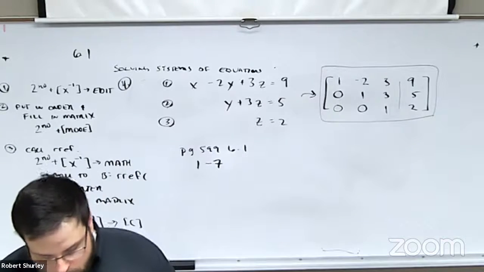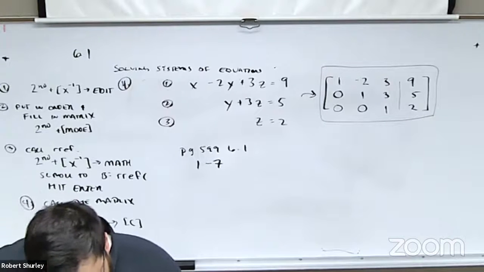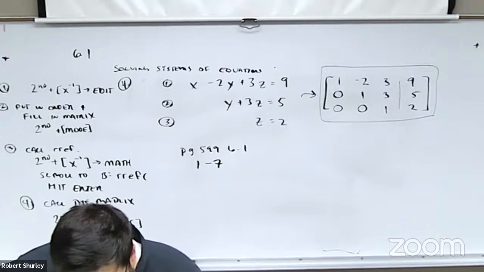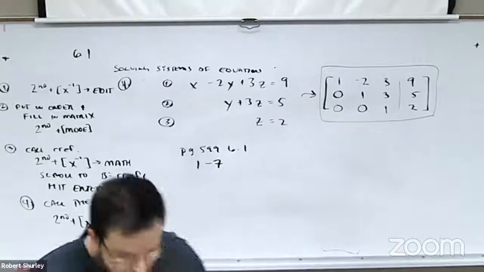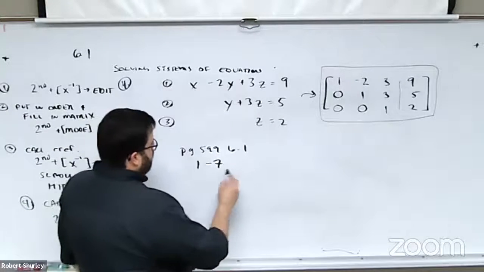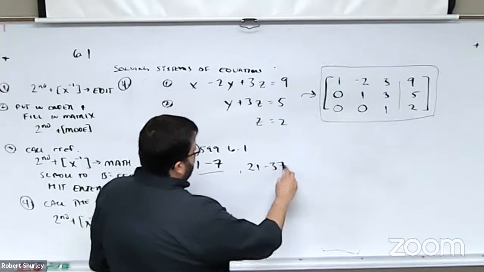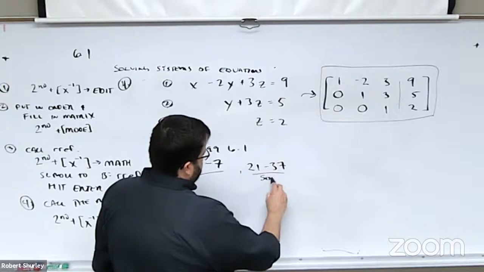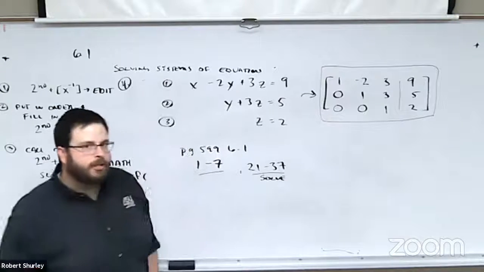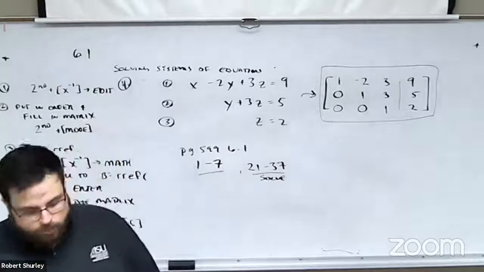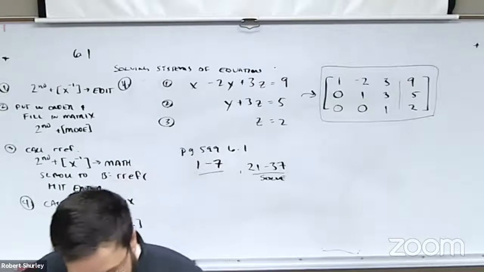The rest of these, I want you to solve. So hold on, let me see here. Yeah, 21 through 37. I want you to solve them using the Gaussian Elimination Method. I want you to solve it like we solved before today, using reduced row echelon form.